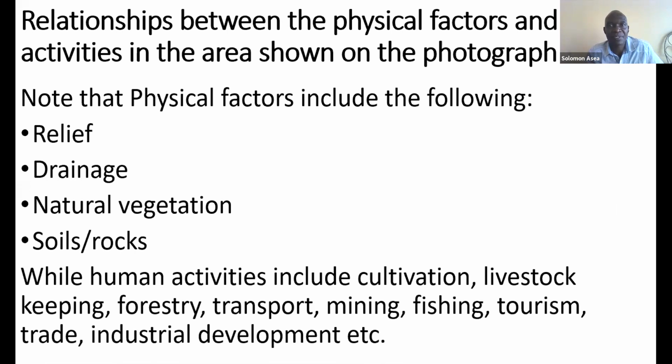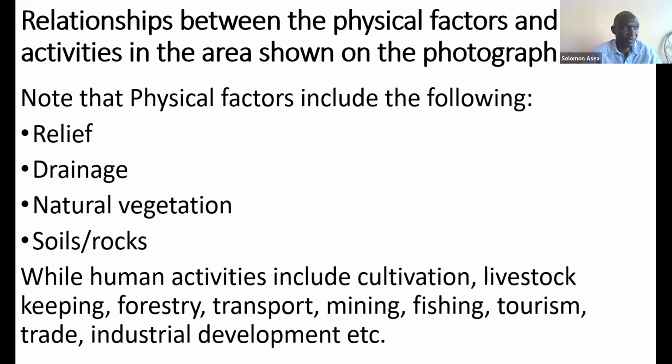So the physical factors include things like relief, drainage, natural vegetation, or rocks. But there are times when it may be difficult to tell from a photograph that this is a fertile soil, this is rocky and shallow.